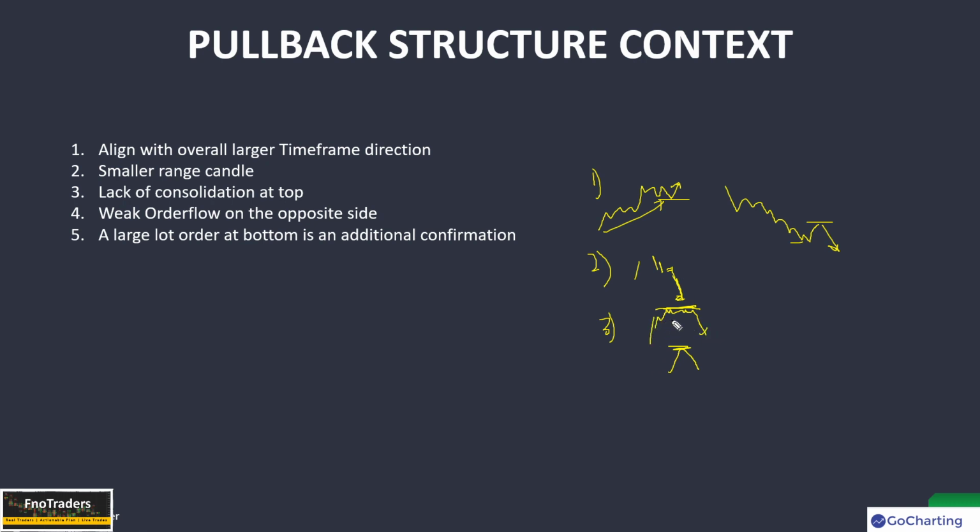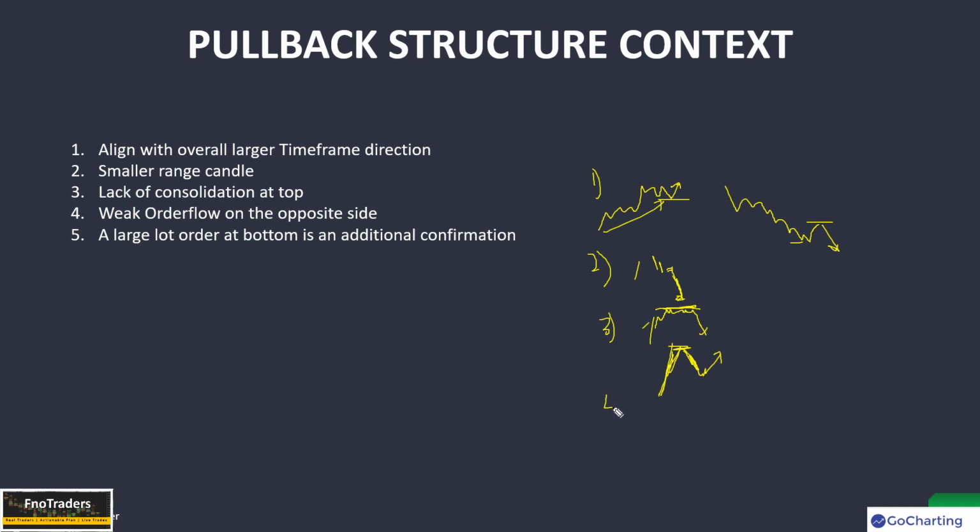So this is a very subtle clue. I'm looking for a bit of a reversal on the shorter time frame, and then looking to enter that reversal. I'm not looking for a consolidation here. That is the third thing that we watch out for.